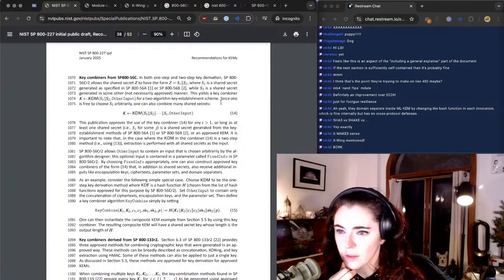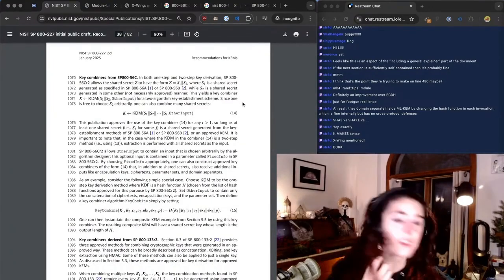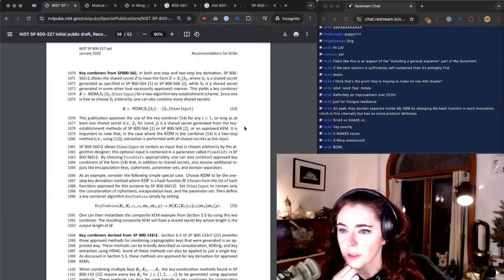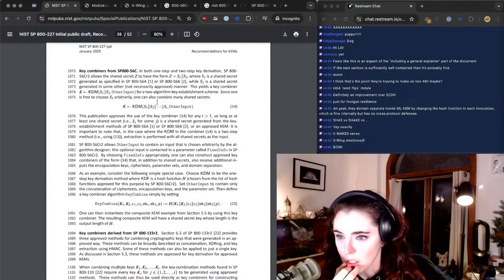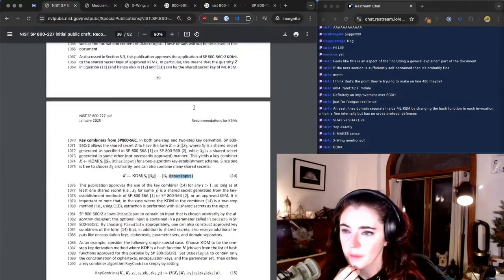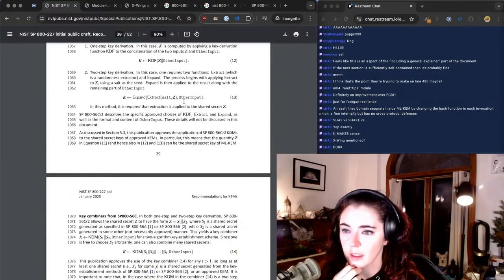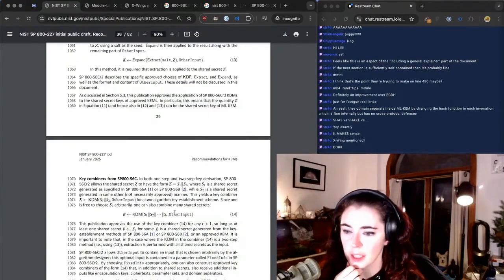Shared secret to have the form concatenated. Yes, the key combiner, KDM, S1 concat S2, and some other input for a two-algorithm key establishment scheme. So all this other input stuff matches X-Wing explicitly by putting both of these, this kind of implicitly matches X-Wing.